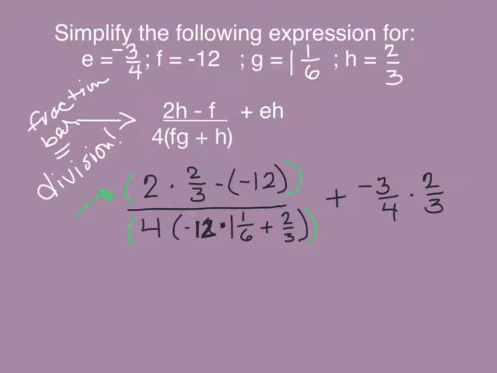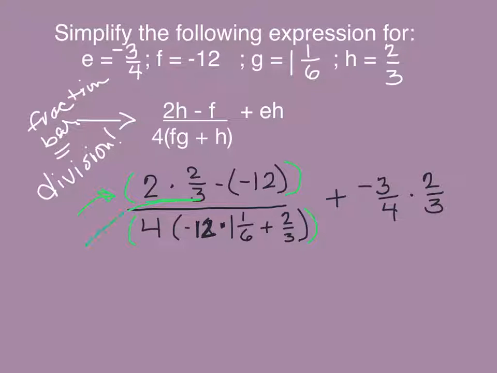And I know that within that parentheses that I've now created, even though it wasn't actually a parentheses to begin with, the first thing that needs to be done is the multiplication, not the subtraction, because multiplication always comes before subtraction.